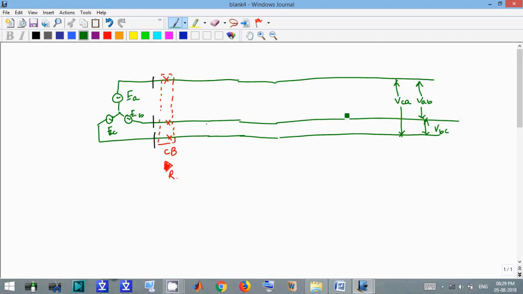Now if we measure the current, the CT is connected like this. So first I draw the connection, then I will explain this.